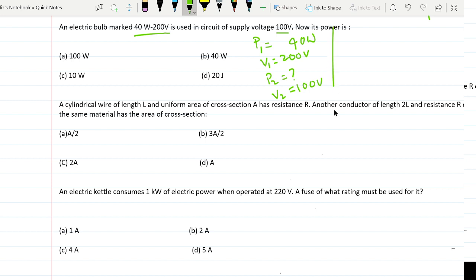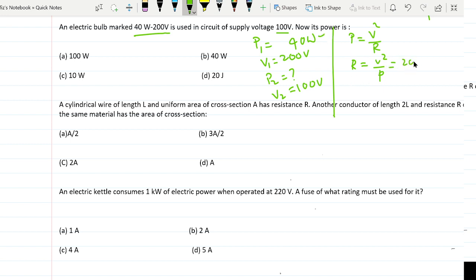Okay, so in such cases, children, you will have to first find out the resistance. For finding the resistance using the available data, P is equal to V square by R, then R is equal to V square by P. So V is 200, power is 40.